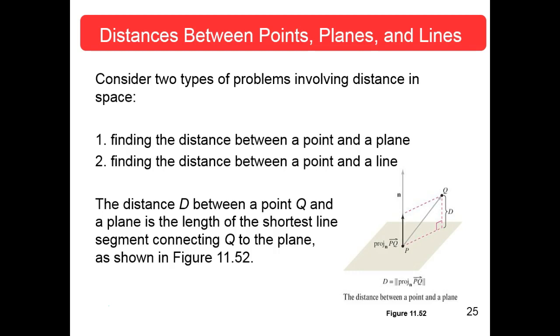So when you're given a plane P, remember it had two things: the normal components, which were the direction, and then your x1, y1, z1, which were the point for P. If you project PQ onto the normal vector, that will give you the distance d, and that's a magnitude.